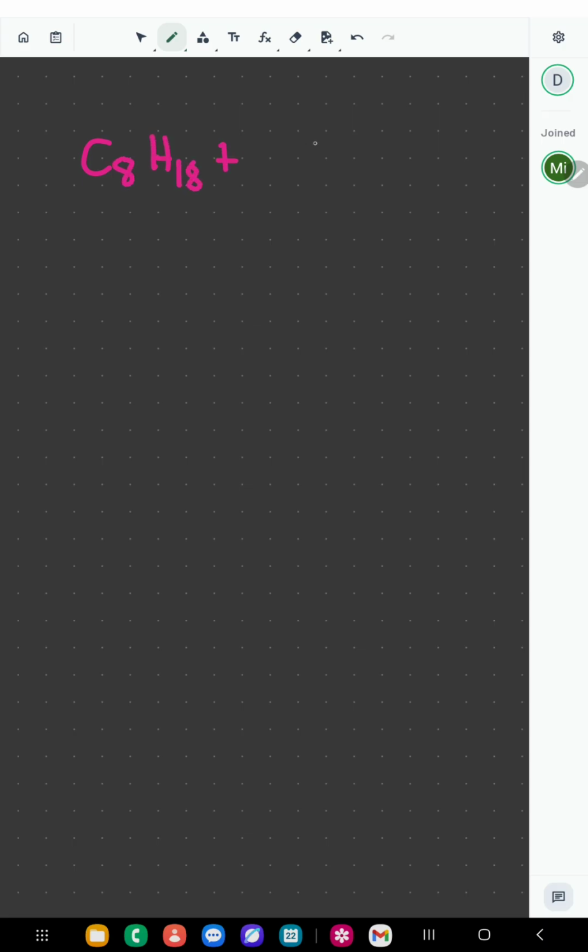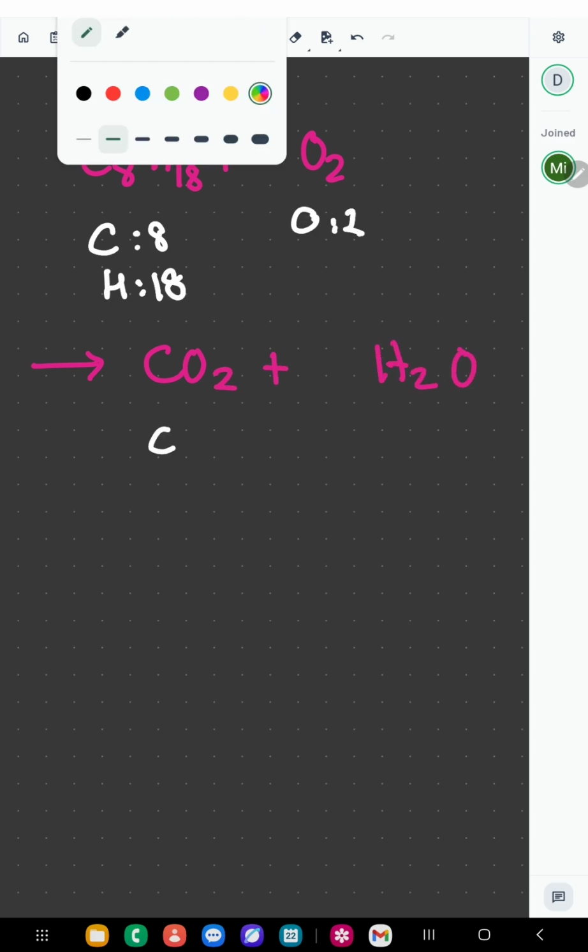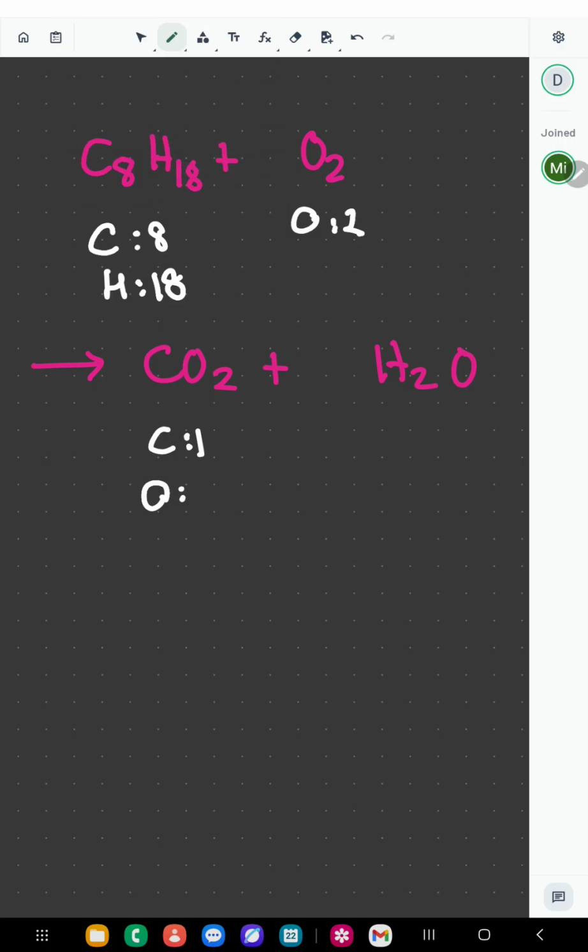So we have C8H18 plus oxygen. And then CO2 plus H2O. Right.